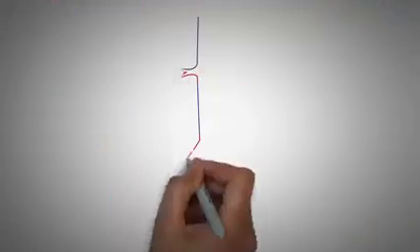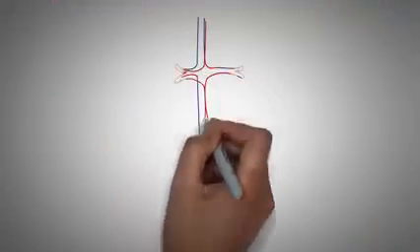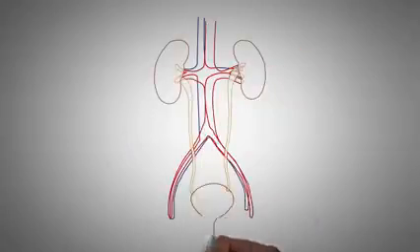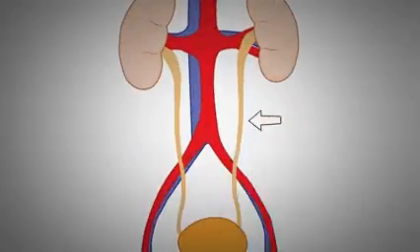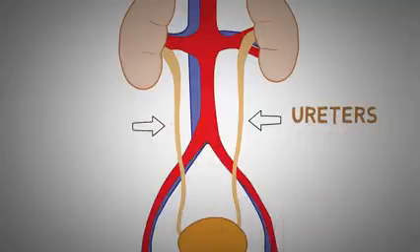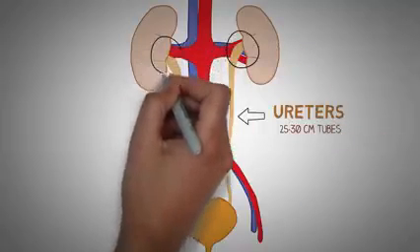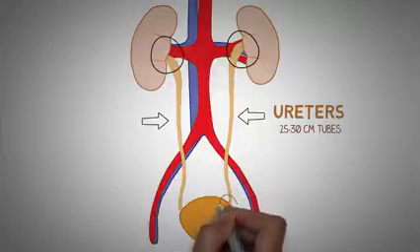So moving forward with the structure of the urinary system. The urine that is formed in the kidneys is passed down with the help of these structures, which are known as the ureters. Ureters are 25 to 30 centimeter long tubes that exit the kidney through the hilum and run down into the urinary bladder.